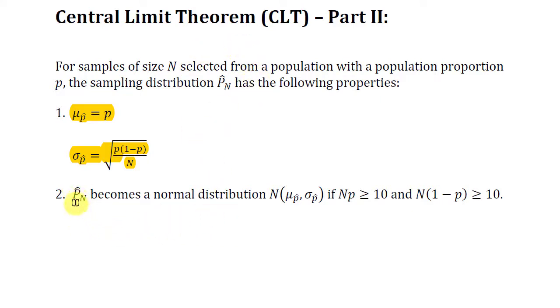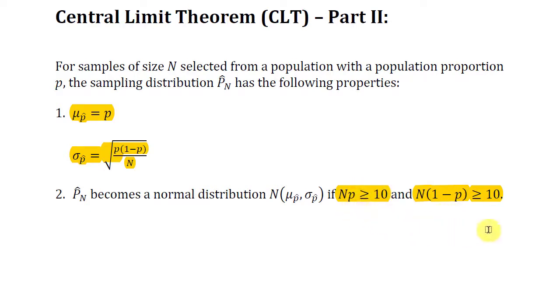Then the next statement in our central limit theorem part 2, there's only one statement. Any sampling distribution of the proportion capital P hat sub n becomes a normal distribution centering at mu p hat and sigma p hat if it satisfies the following requirements. These are two requirements that need to be satisfied simultaneously.